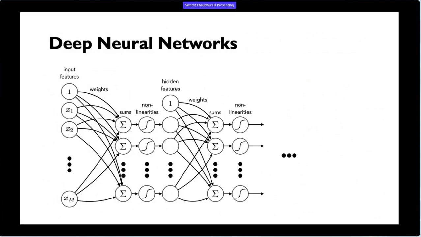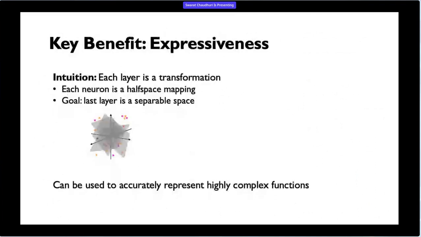Okay, so why do all of this? Well, there are two big arguments. One is that you have a lot of expressiveness over here. You can think of each of these layers as basically being a simple transformation that you are applying to the input.